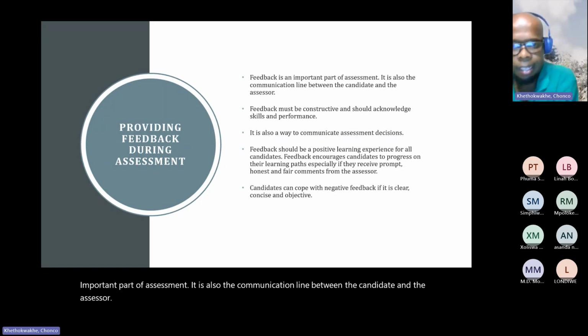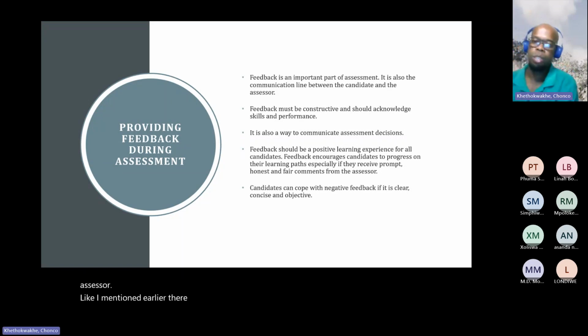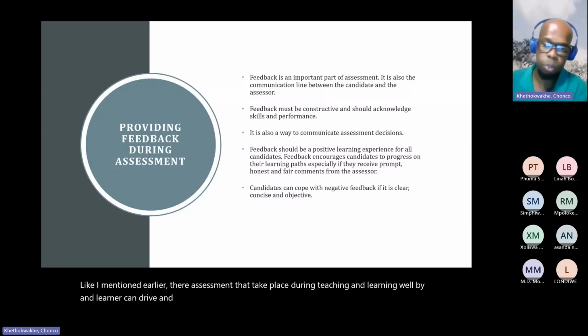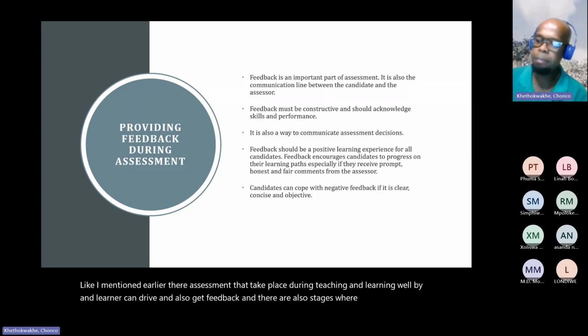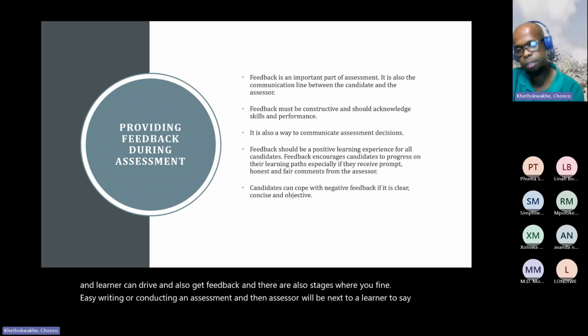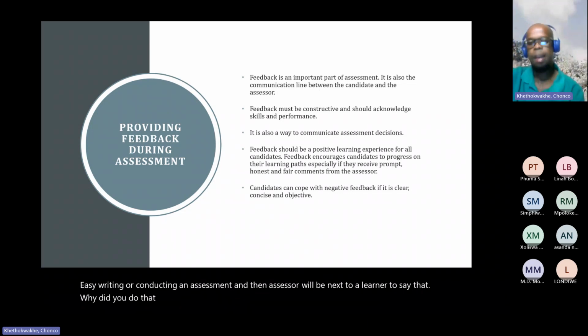Like I mentioned earlier, there are assessments that take place during teaching and learning, whereby a learner can write and also get feedback. And there are also stages whereby a learner might be busy writing or conducting an assessment, and the assessor will be next to the learner to say, why did you do that? Can you do this in this way?